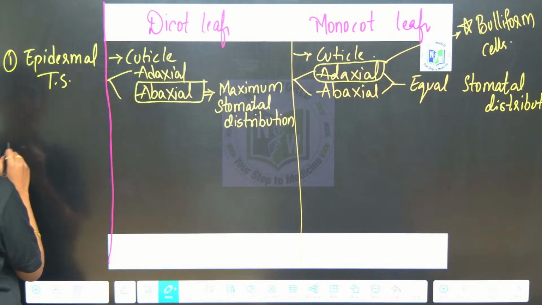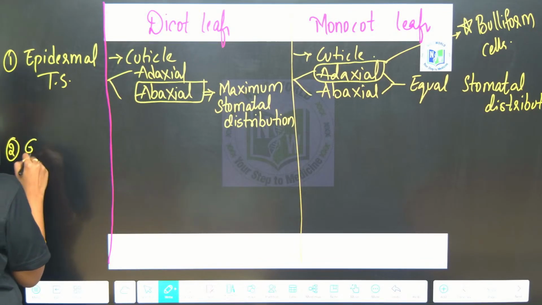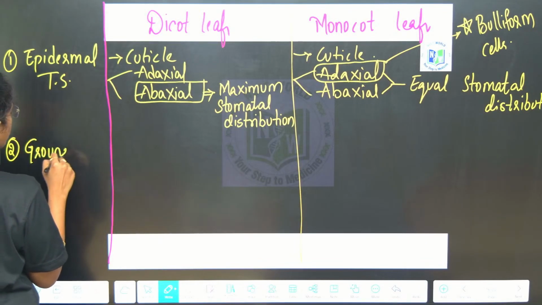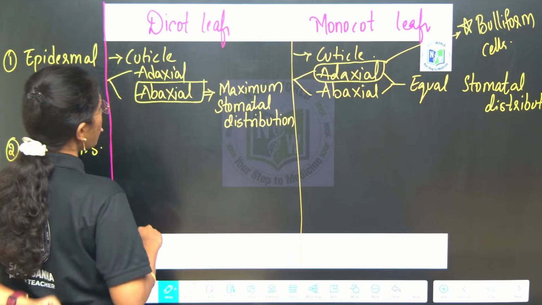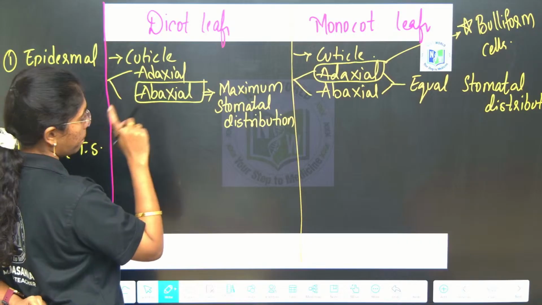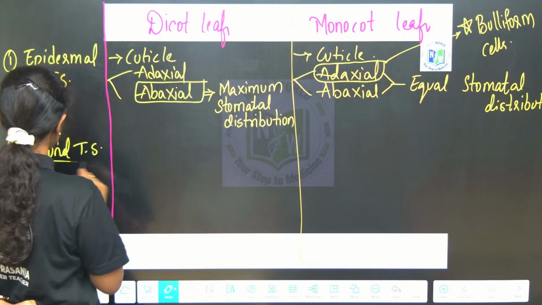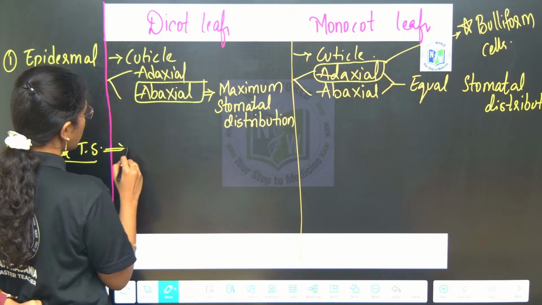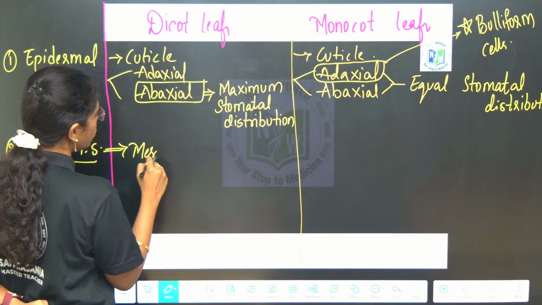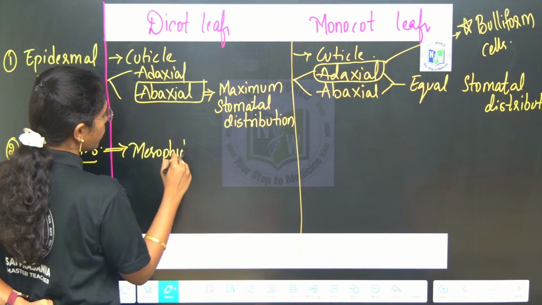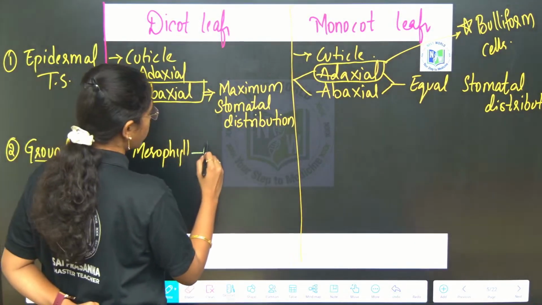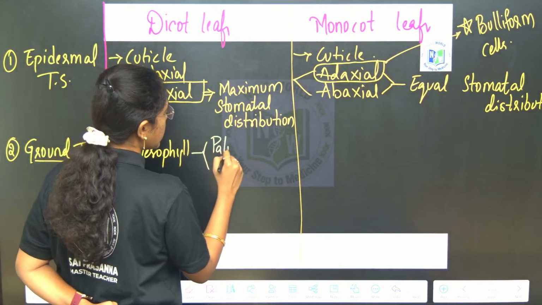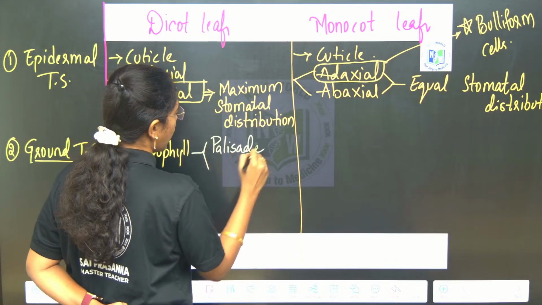And then second is ground tissue system. Here, if you see, it has mesophyll tissue. This mesophyll tissue is of 2 types, palisade and spongy.